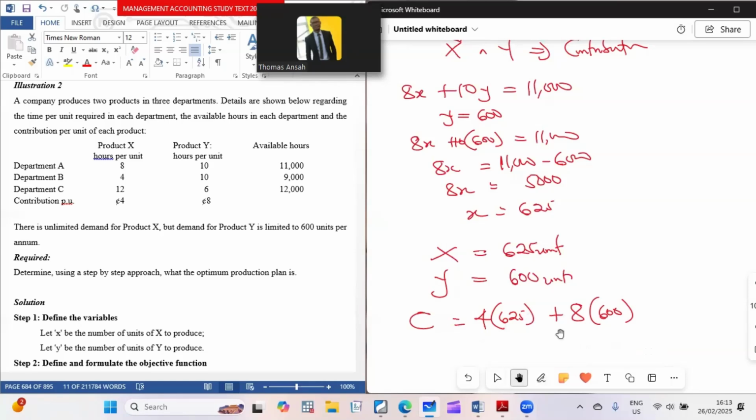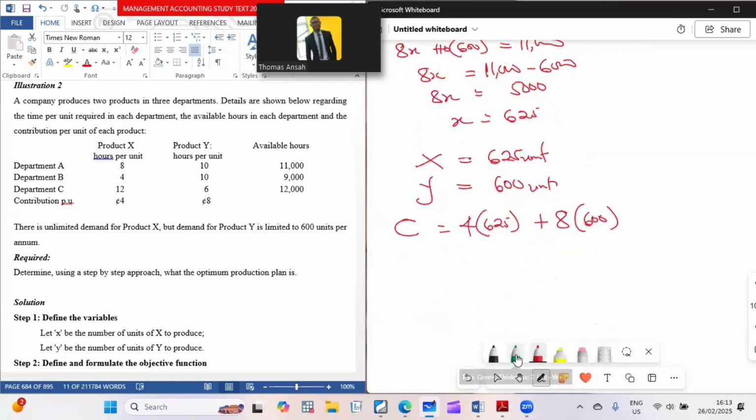And what would that give me? So 625 multiplied by 4 gives me 2,500. 8 times 6 gives me 48, so 4,800. Together, plus 2,500, gives me 7,300. All right, so that is that.